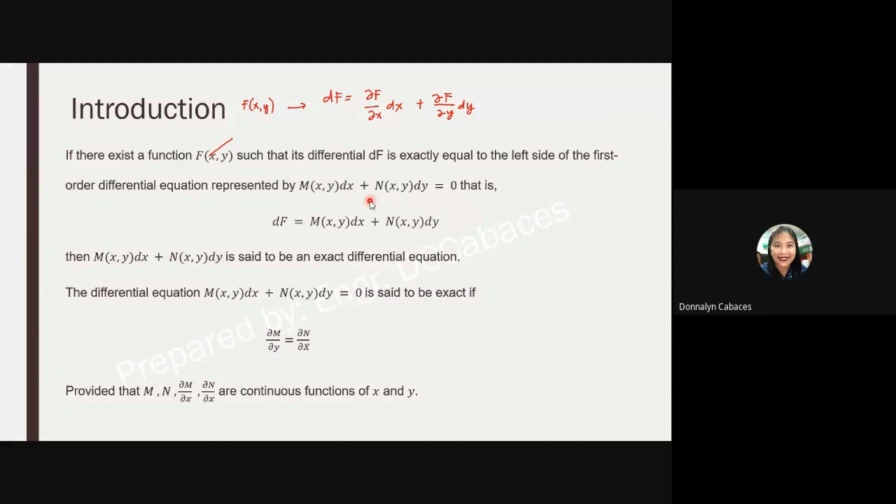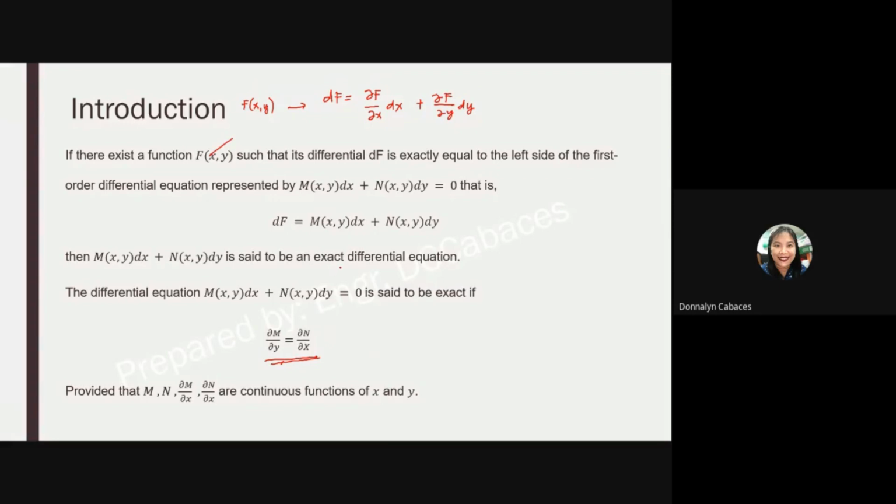Okay? So since today our topic is about exact differential equation, we have to know if that DE is really an exact DE. And we need to have the so-called test for exactness. And the test for exactness is this. You have to take the partial derivative of M with respect to y and the partial derivative of N with respect to x.